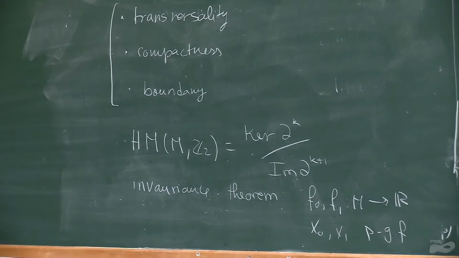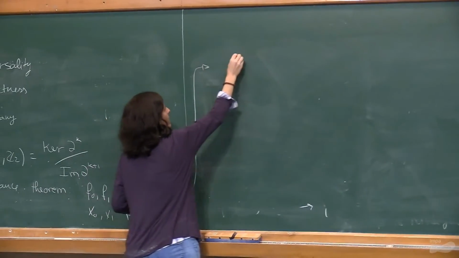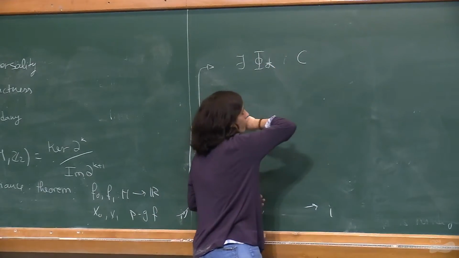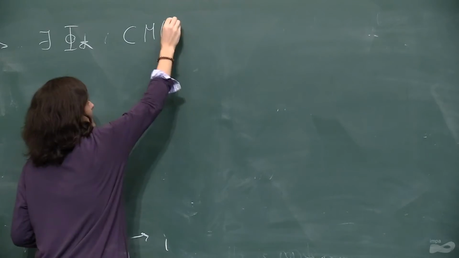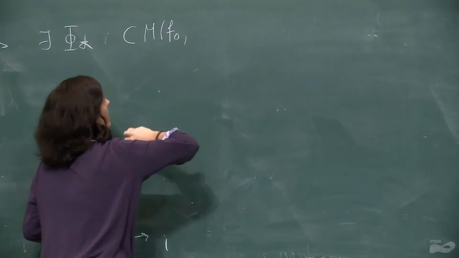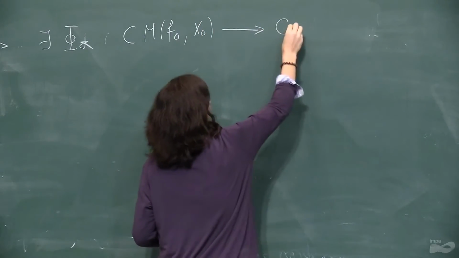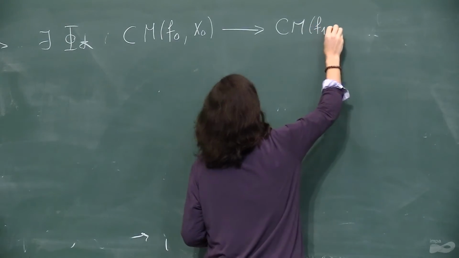Then there exists a morphism on the complexes that induces an isomorphism on the... sorry, continue here. There exists phi star, a morphism from the complex constructed using f0 and x0, to the complex using f1.